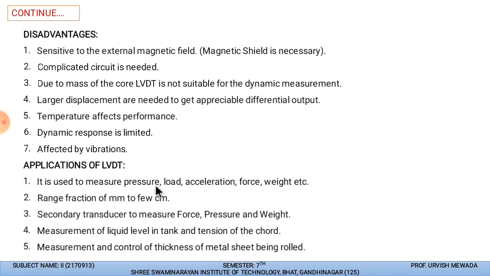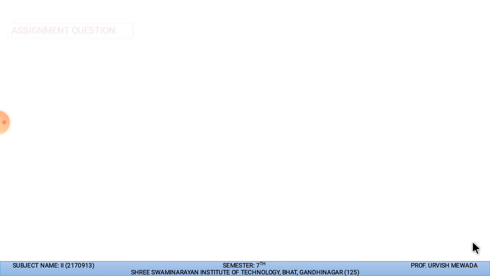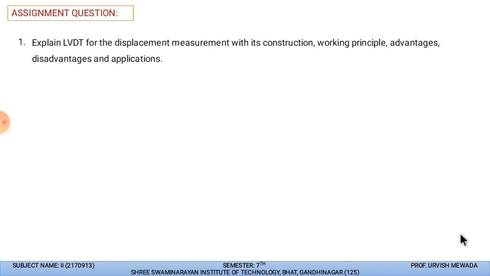And also measurement and control of the thickness of metal sheet being rolled. These are the applications of LVDT. And for displacement measurement, LVDT is the best option if the displacement is small.